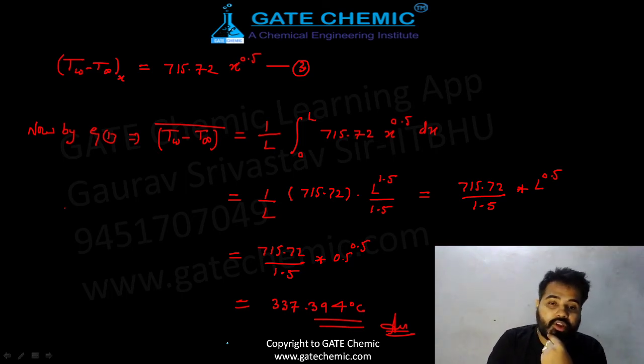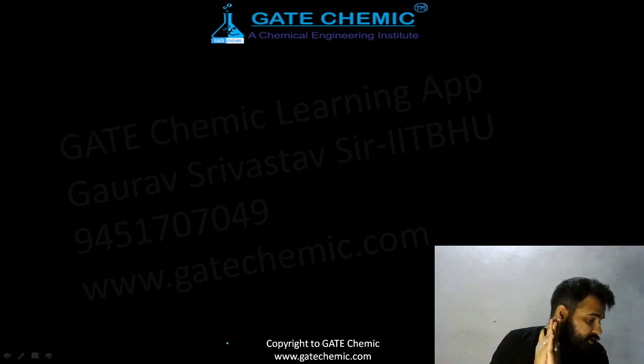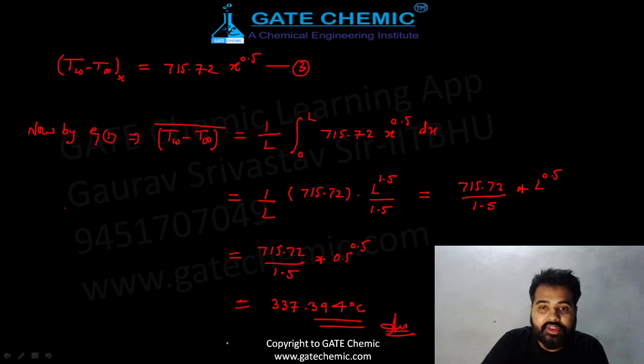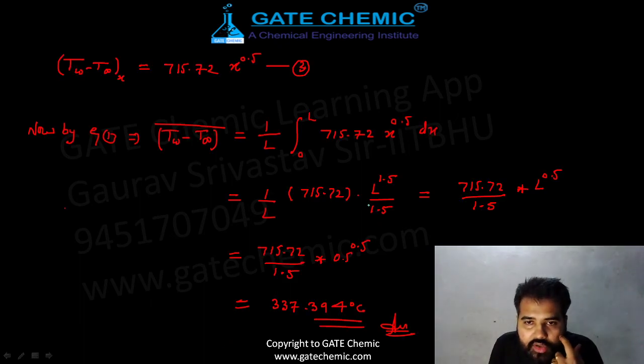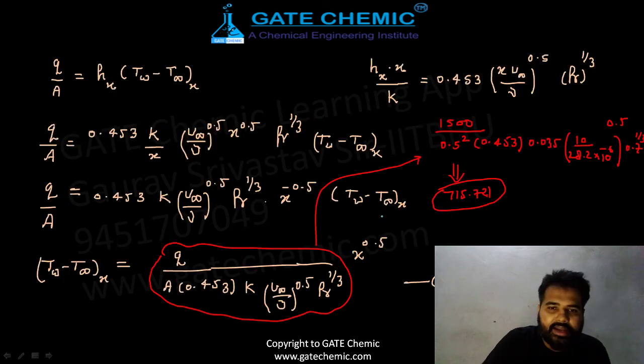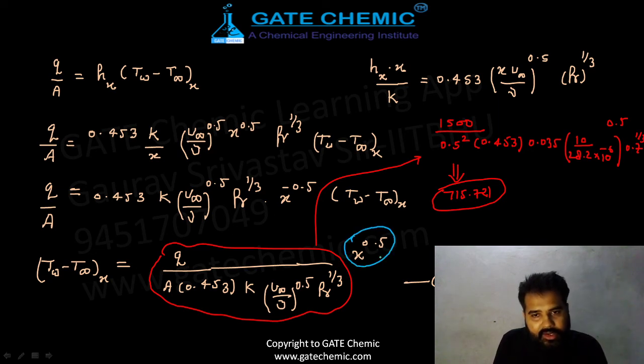Now, another thing I want to show you, beta. In that equation, you can see you got just one term. This is the 1.5 term in the denominator, and everything was in the denominator. After integrating, this one is converted into L to the power 1.5 by 1.5. Am I correct, beta? Just tell me yes or no. After integration this is what came, right?